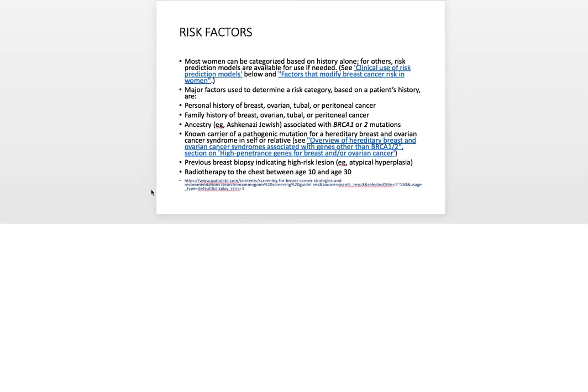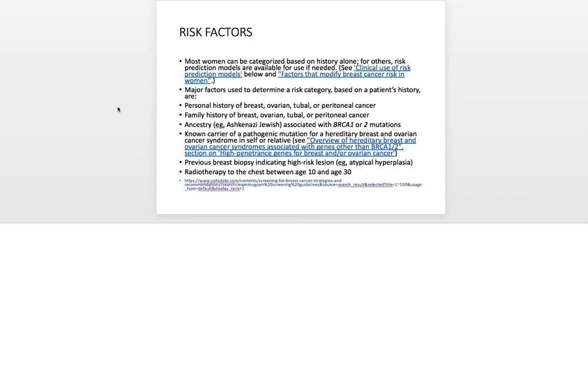So let's talk about the risk factors. Most women can be categorized based on history alone. For others, risk prediction models are available to use if needed. We're going to take a look at one in a minute. As you can see, if you use UpToDate, they are linked, but we'll see what one of them is here.